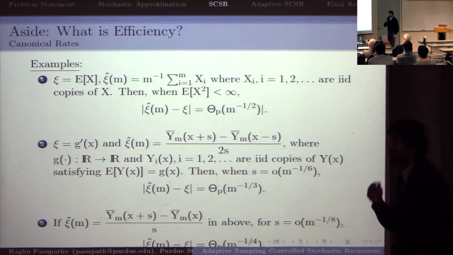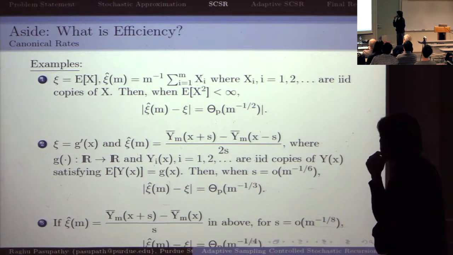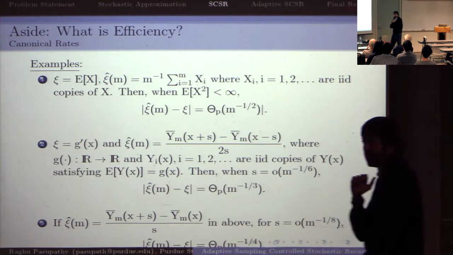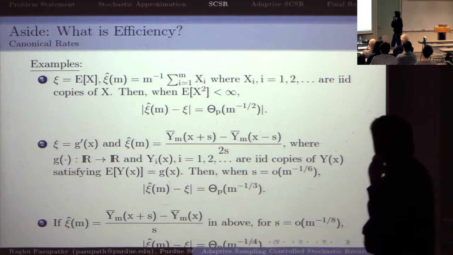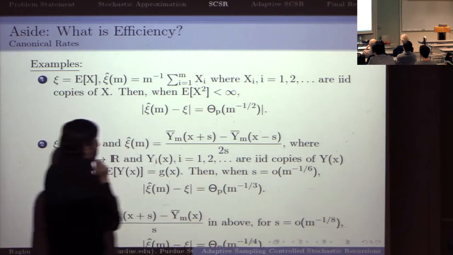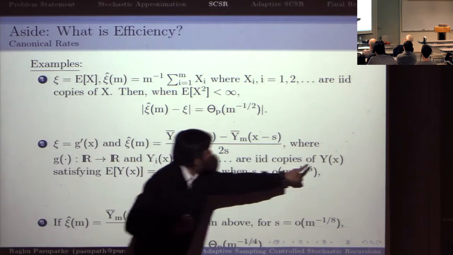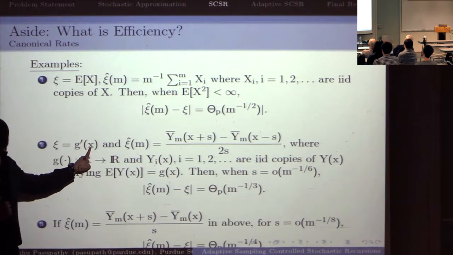Does it depend on how smooth G is, or something about Y, how big Y can be? Yeah, that's correct. We are assuming that G has up to the second derivative. I'm looking to identify the gradient at this particular point, little x.